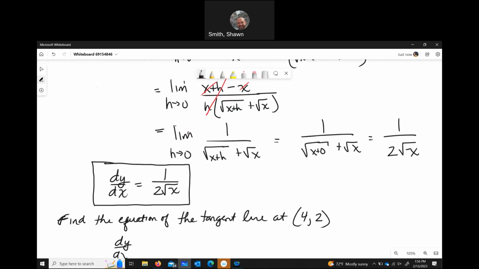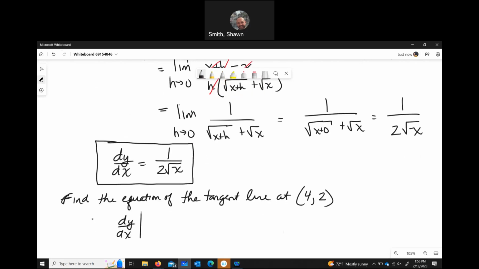So dy over dx, evaluated at x equals what? 4? Is 1 over 2 square root of 4. This is 1/4. That's my slope of the tangent line, right?